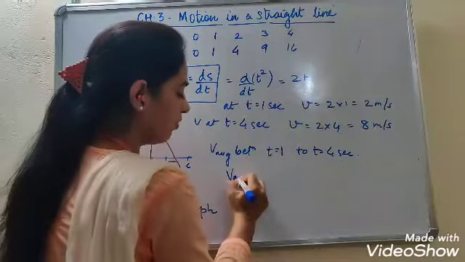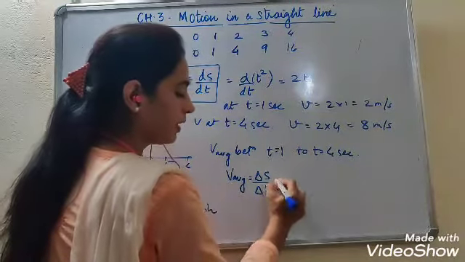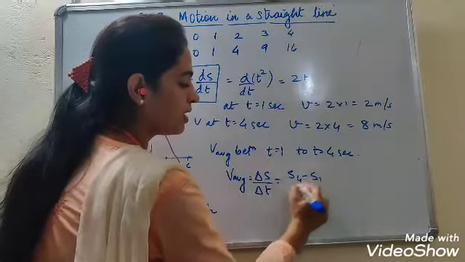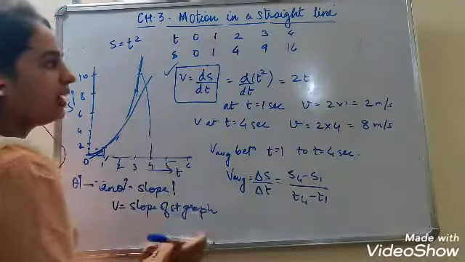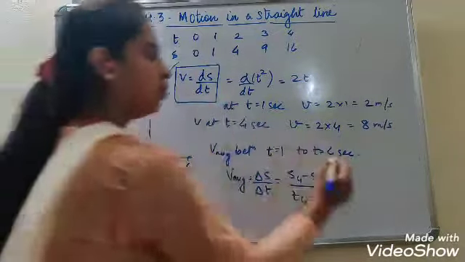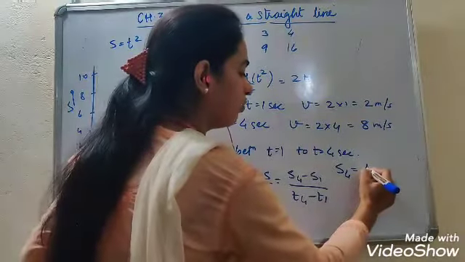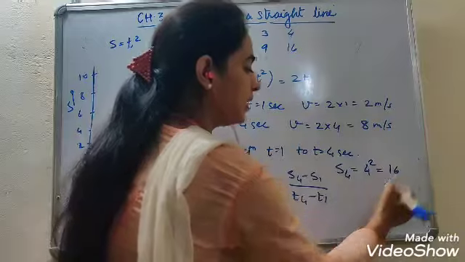So we know V average is equal to delta S by delta T. Between 4 and 1 seconds, that will be S4 minus S1 upon T4 minus T1. We have the value of S equals T square. So S4 will be 4 square, that is 16.